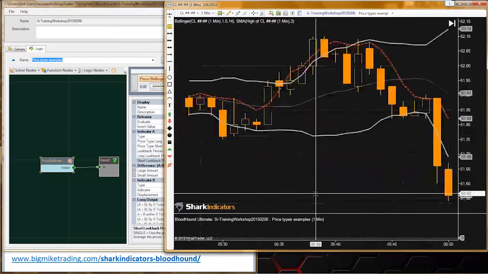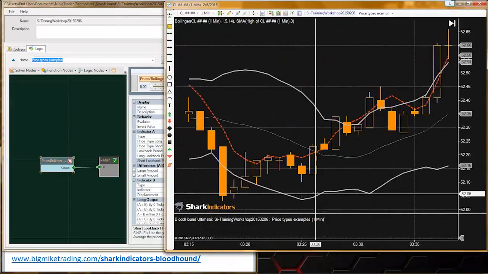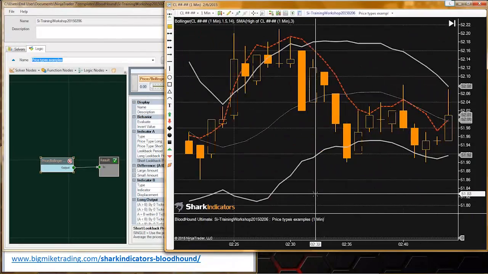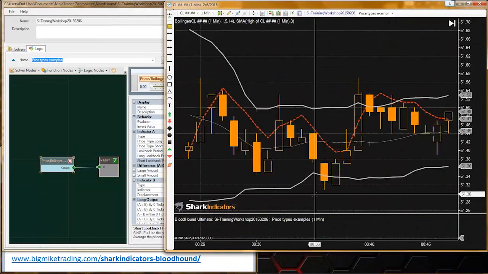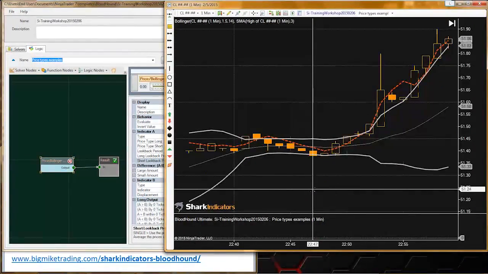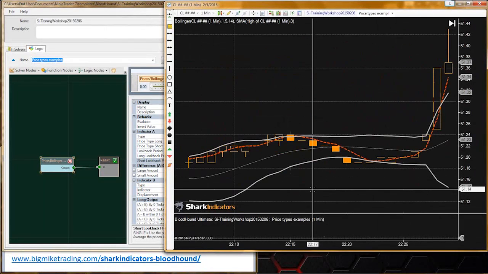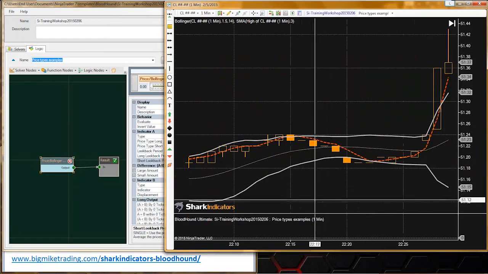So, okay, I'm just going to scroll back through the chart really quickly, see if I can identify any such condition. Almost got it there. Didn't quite get below.